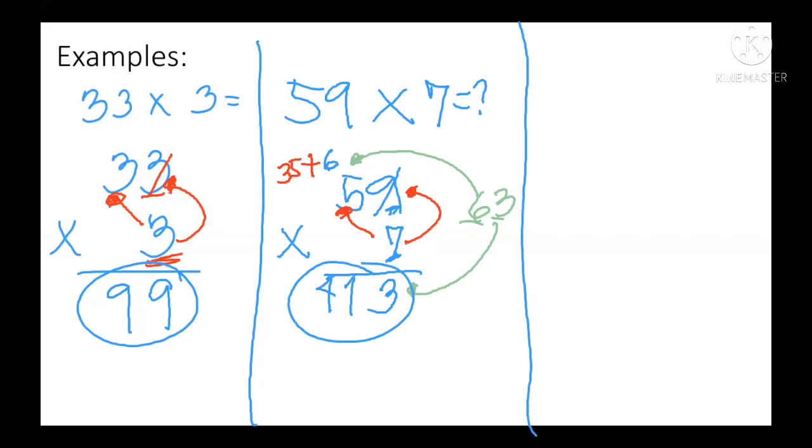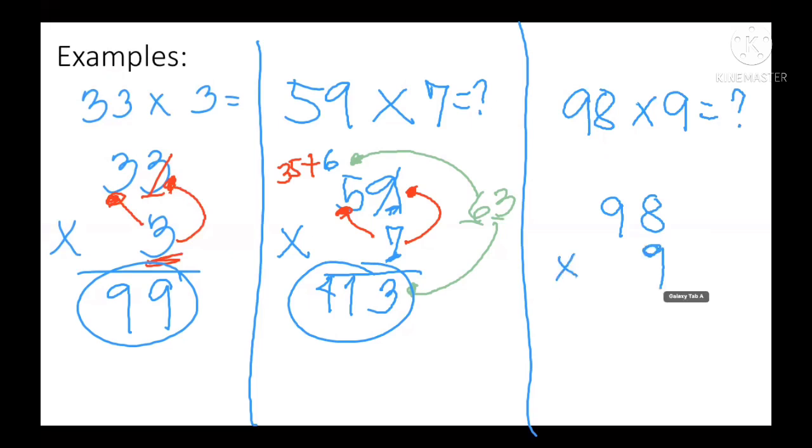Okay, easy. Last example before we proceed to the next level. Okay, 98 times 9. Let's organize this. So 98, the symbol for multiplication, and then the second number, and then equals.